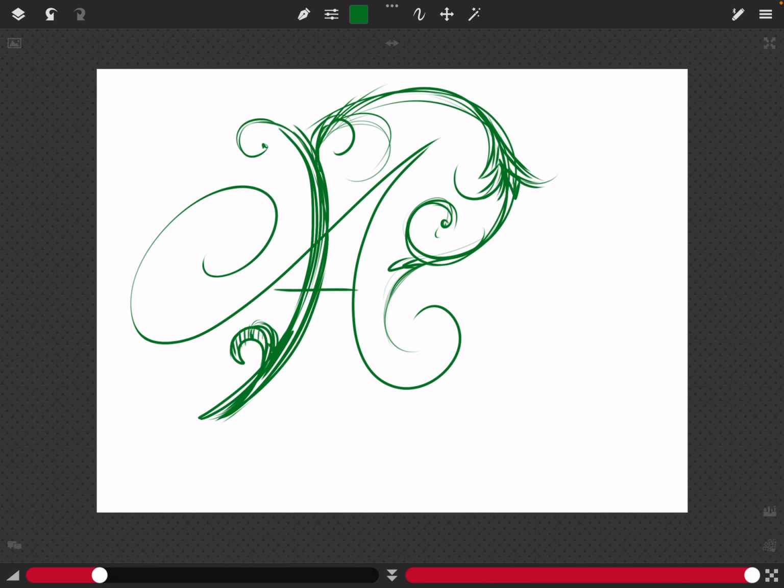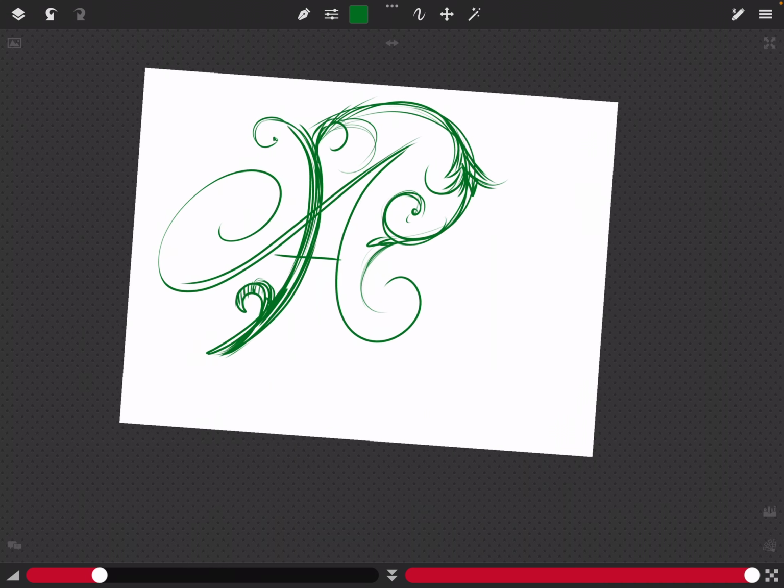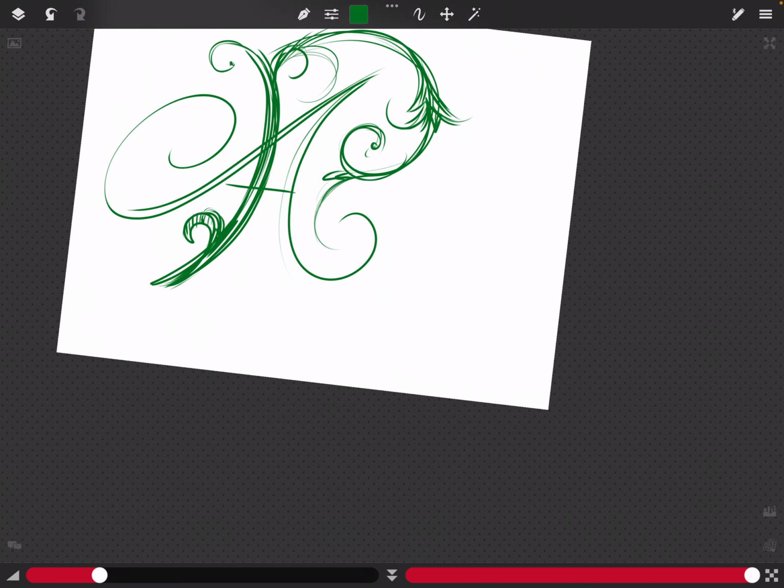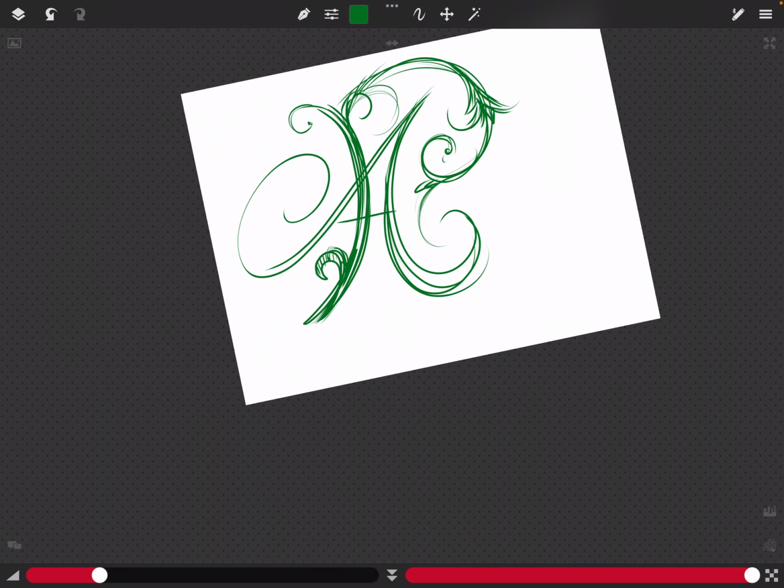Now the A, we sort of lost the A, so we have to make the A bigger. So maybe this stroke is thinner, ends with maybe a little flowery little bud kind of thing there. Comes down here. Maybe this flies off into something.